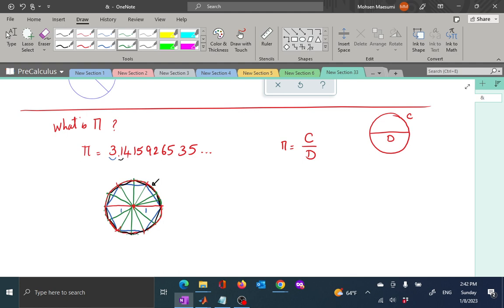And keep repeating this, that is, keep subdividing these triangles into 2, get a polygon with many more sides. So we start with 6, and then we go to 12, and then 24, and then 48, and 96, and I think the ancient Greeks did go as far as 96.